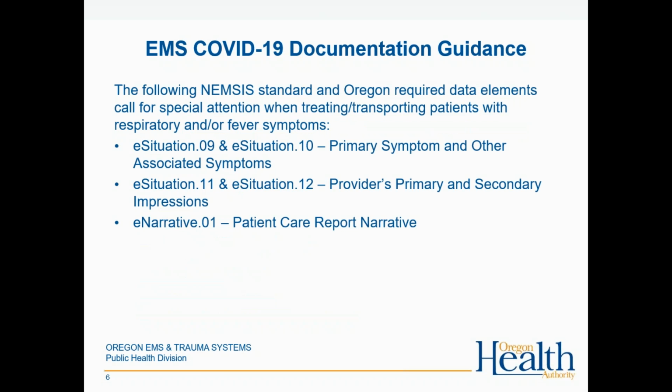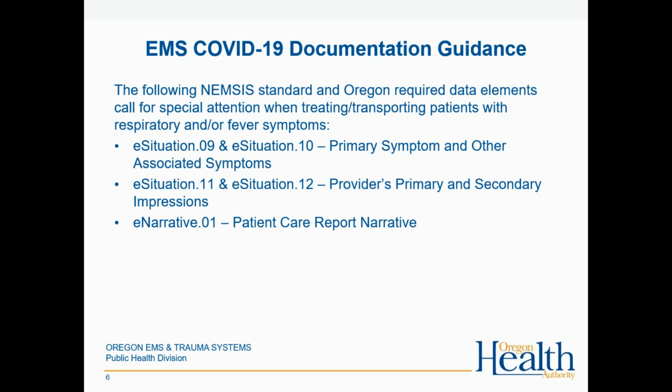And next slide. And then finally, we're asking for some special attention in a few of these data fields for crews transporting these patients. In primary symptoms, we have in the Word document guidance some details where we can add for shortness of breath and fever and cough.